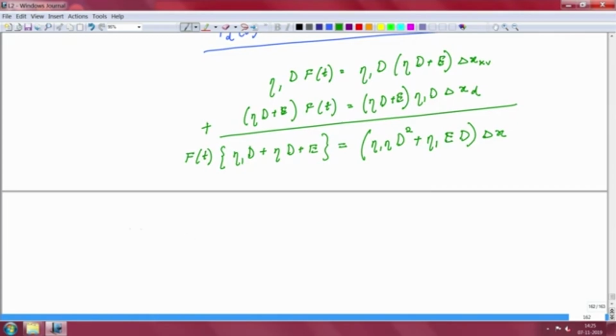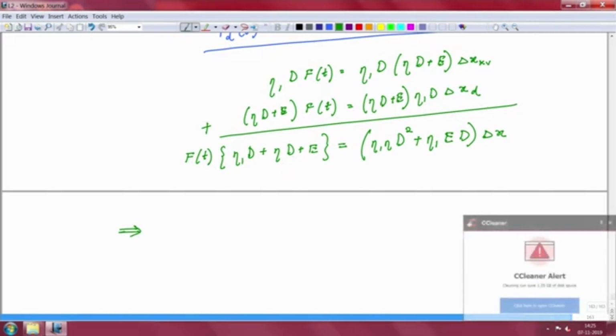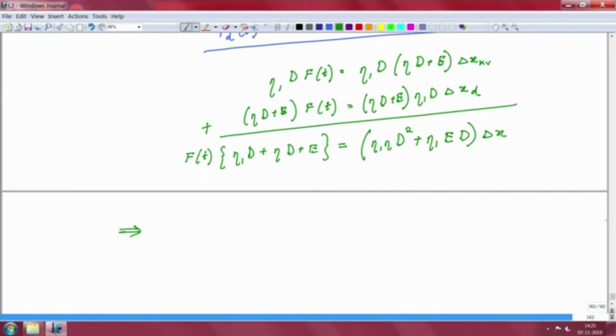So if I now change my operator to the dot form, then we have (eta plus eta 1) f dot of t plus E times f of t, and this is equal to, on this side, a double derivative of delta x.